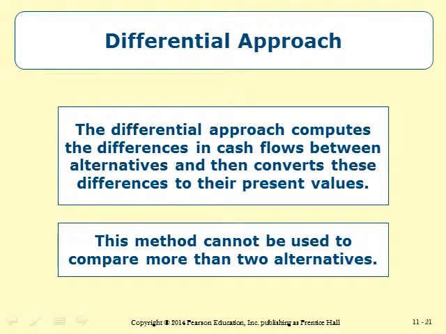The differential approach computes the differences in cash flows between alternatives and then converts these differences to their present value. Remember, we cannot use this method to compare more than two alternatives. Often the two alternatives being compared are invest in a project or do nothing.